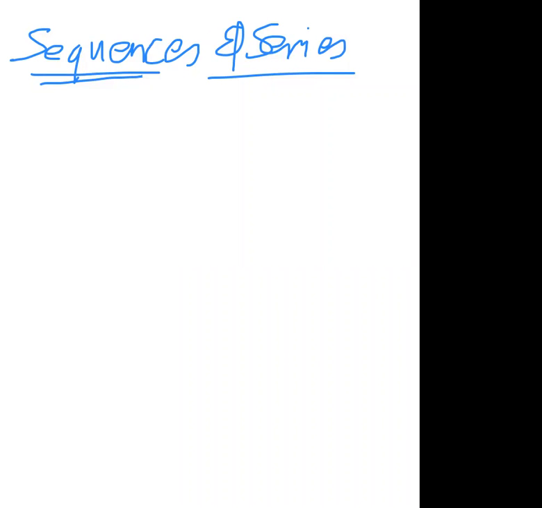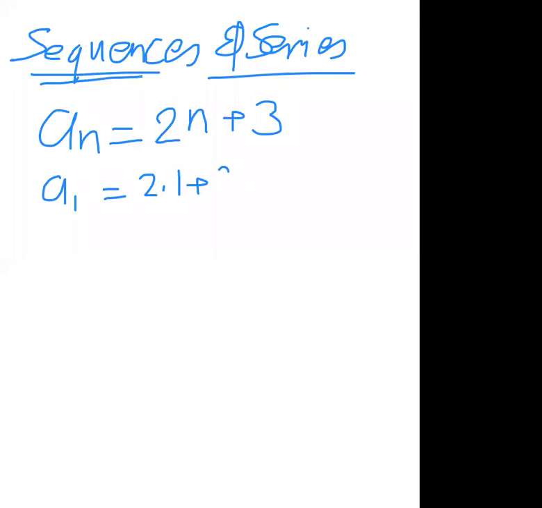Like a_n is given to us as 2n plus 3, and we need to make the sequence. So we will put n as 1, it will be 2 into 1 plus 3, that is 5. A2 is 2 into 2 plus 3, that is 7.